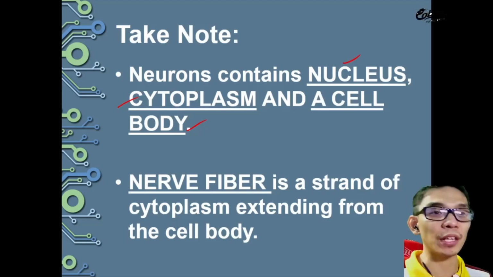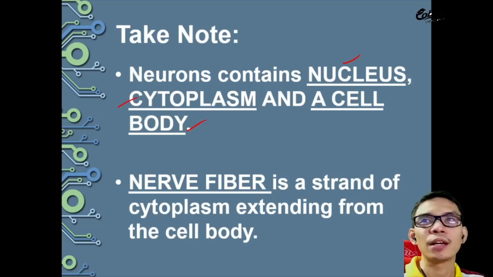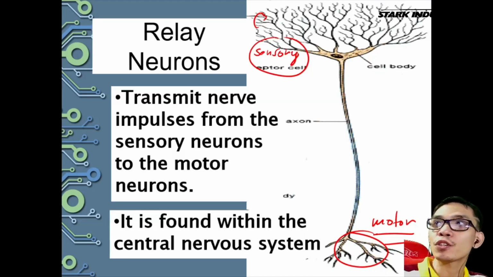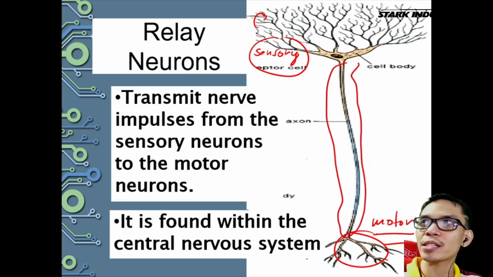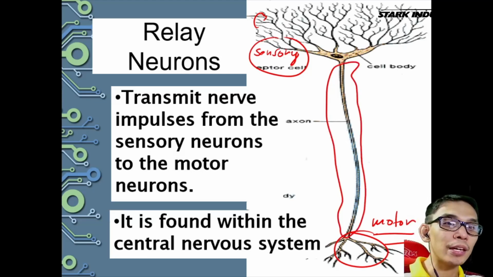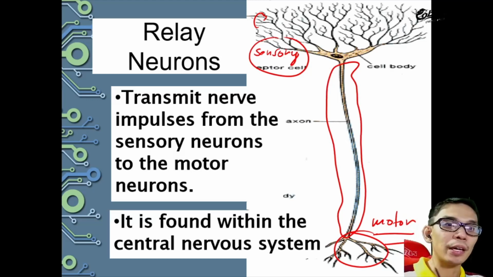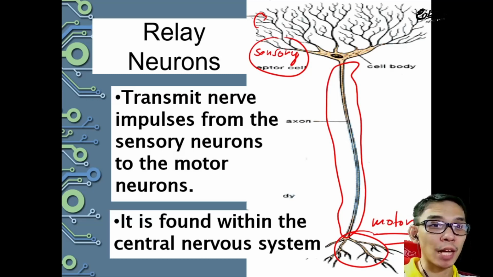But there's one thing that makes it different from a typical cell. We have here a nerve fiber. The nerve fiber is the extension of the cell body of your neuron. If this is the cell body, the extension that you have right here is said to be the nerve fibers. This extension is made up of cytoplasm.